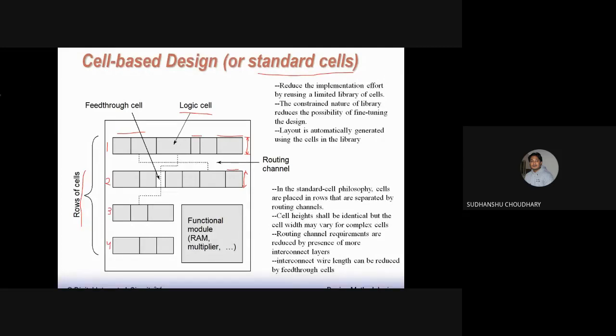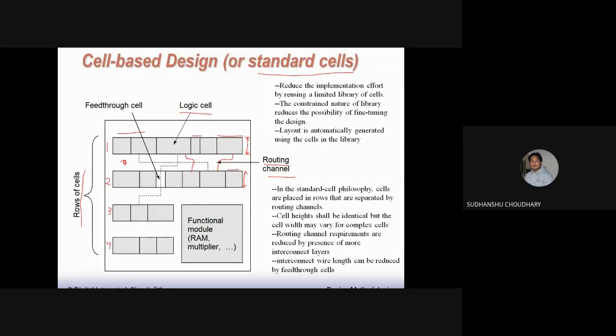Now, in between these rows of logic cells, the white areas, that is this area or this area, are called routing channels. You will use this area to connect the cells. For example, here a connection is shown. Similarly, one can connect this logic cell to this using this routing area.